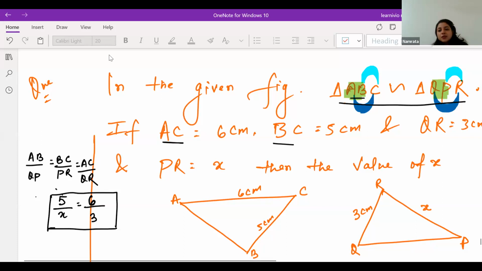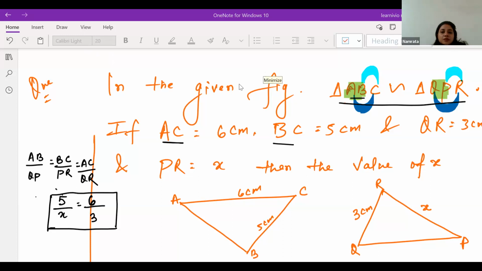Yeah, do let me know what will be the value of X from here. 5.6, 2.6, sorry, or 2.6. Okay. Is it 2 point... Okay. 2.5. Is it Samina, 2.5?